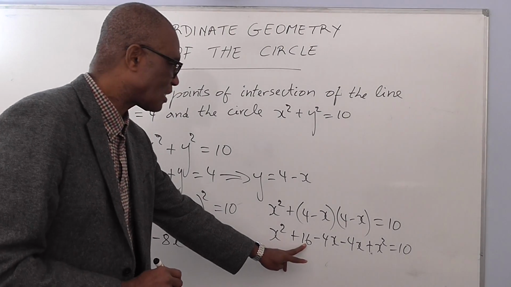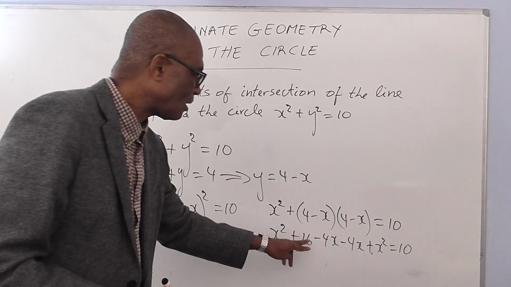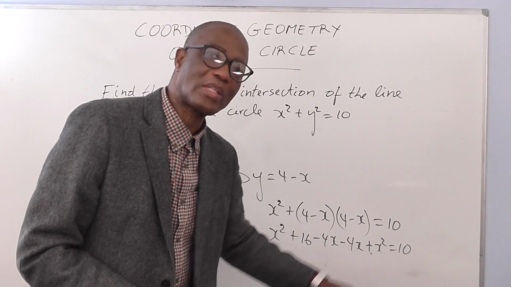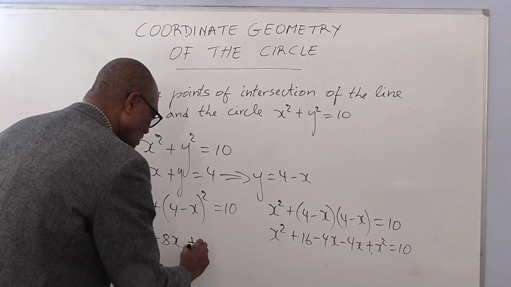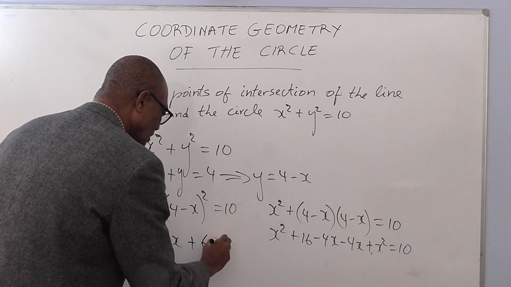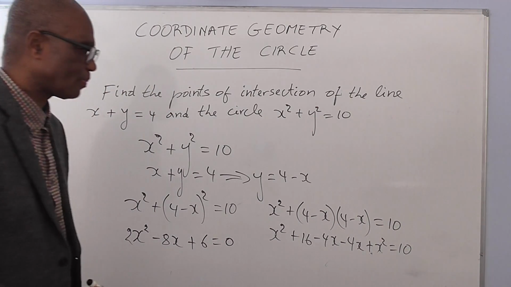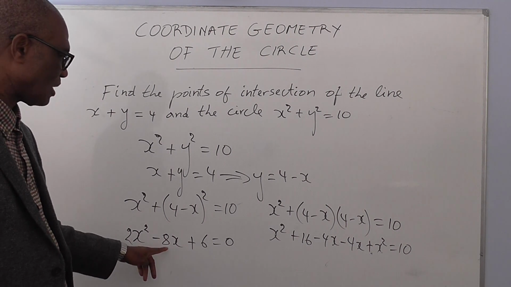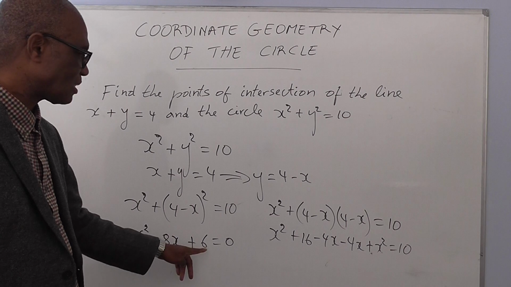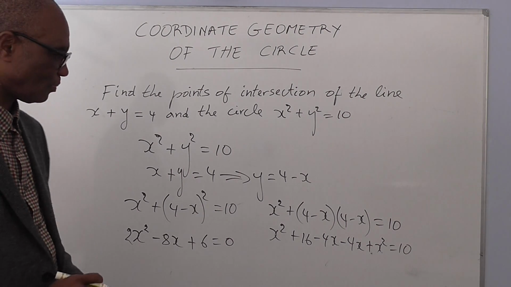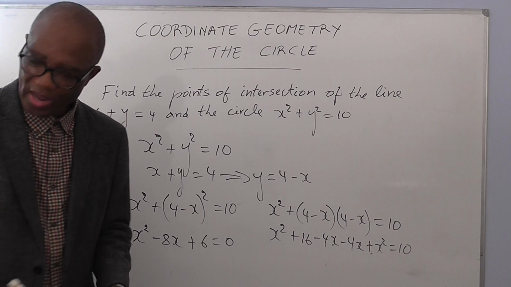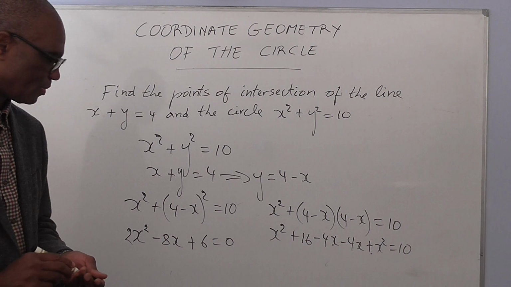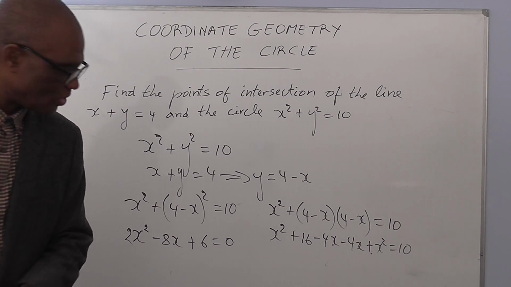And then 16. When we bring 10 to the left-hand side, we have 16 minus 10, so this will be just 6 equal to 0. So we get 2x squared minus 8x plus 6 equals 0. Now from here, we have a quadratic equation that we need to solve.